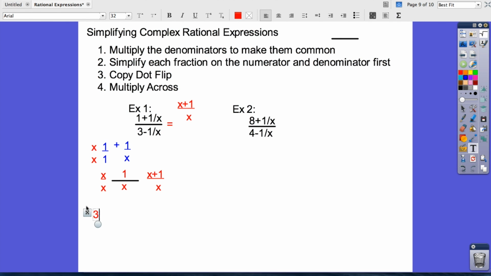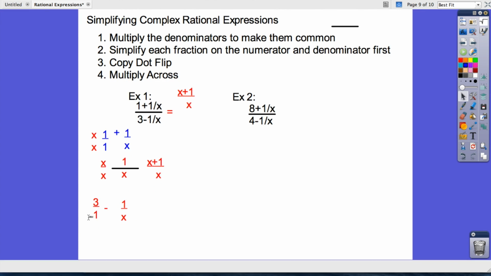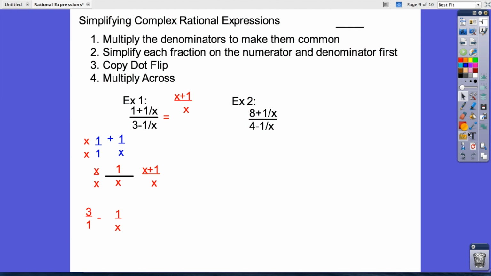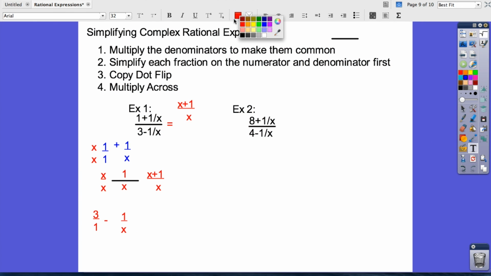So that's 3, or to make it a fraction now, it's 3 divided by 1, minus 1 divided by x. We want the denominators to be the same, so we're going to go ahead and multiply the left expression by x, so that's x times x.